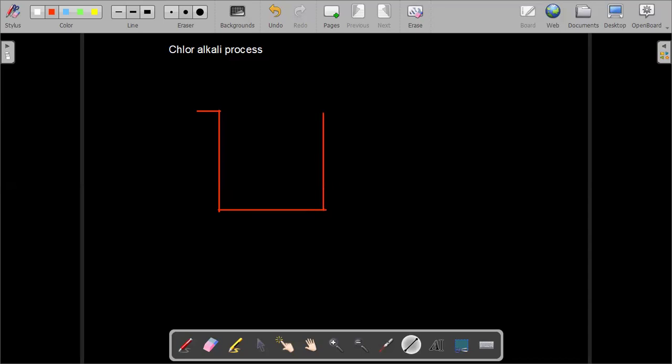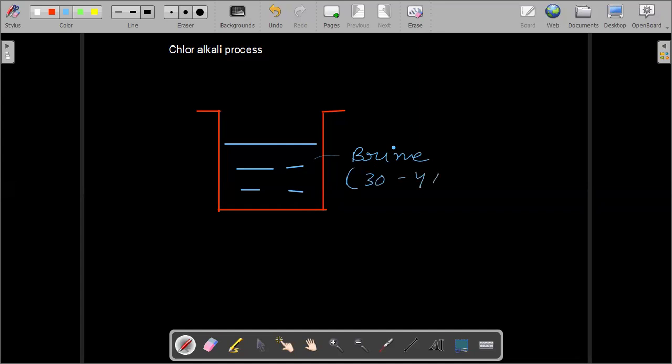So a concentrated solution of common salt is taken in a beaker, which we call brine. It is about 30 to 40% concentrated NaCl in water.